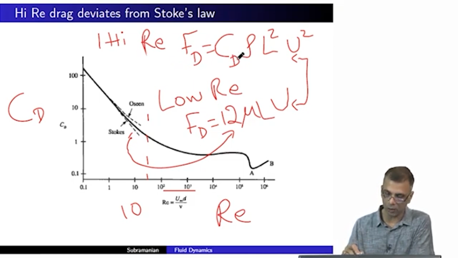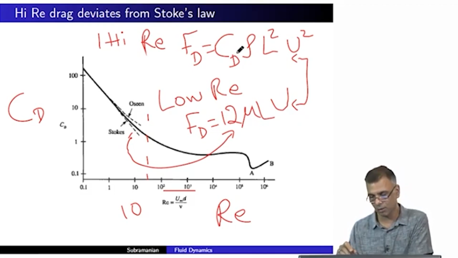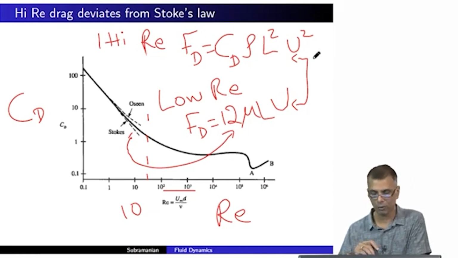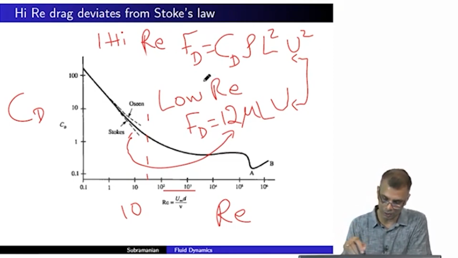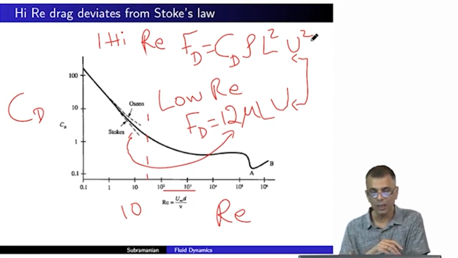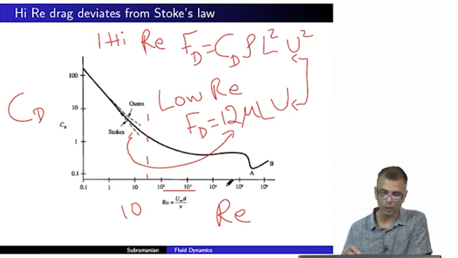If you were to plot C sub d as a function of Reynolds number, and I know the Reynolds number contains a nu, you cannot do it exclusively from this formula, of course, but if you were to introduce a Reynolds number into this formula by hand, making sure that the formula still remains the same, then you would be able to figure out how the dimensionless drag coefficient for the high Reynolds number law behaves with Reynolds number.